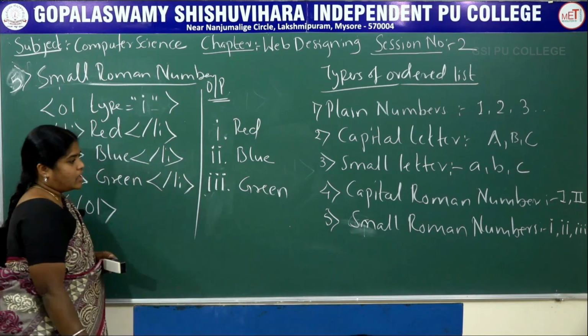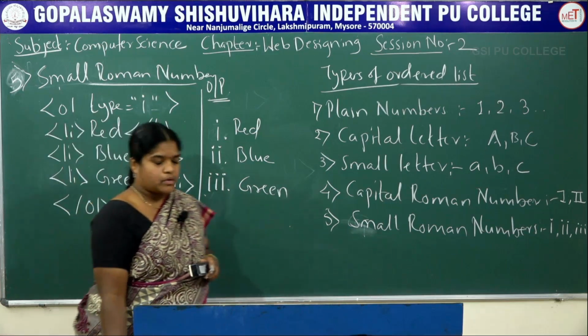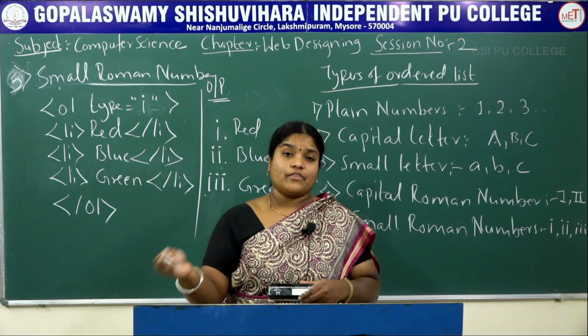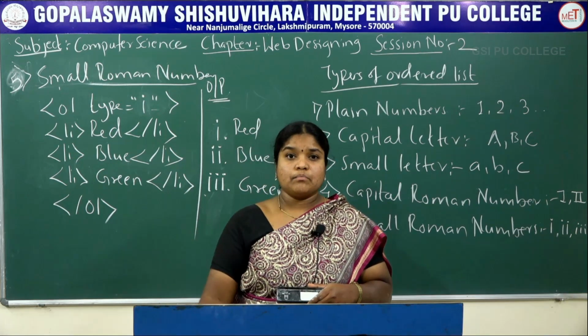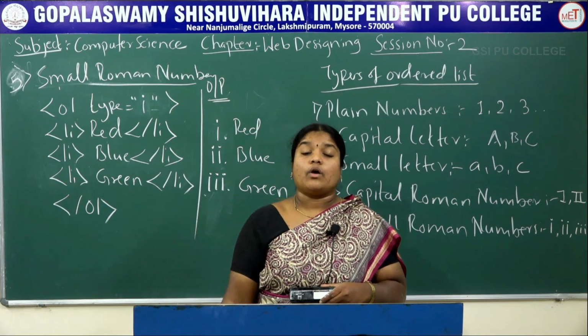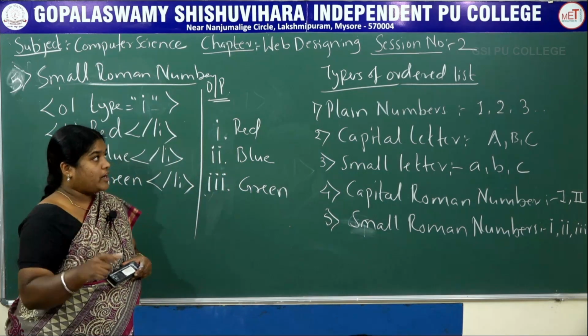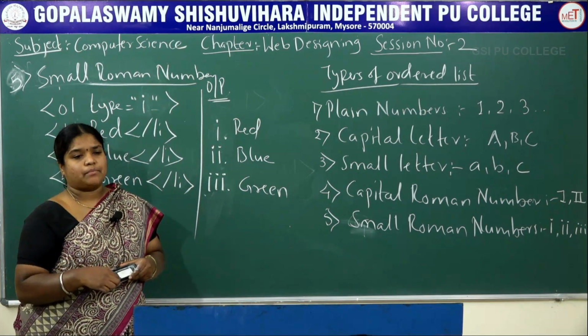So this is how small Roman numbers work. So this is how we can see the different ways you can number the items in the ordered list. This completes the list topic from this particular chapter.